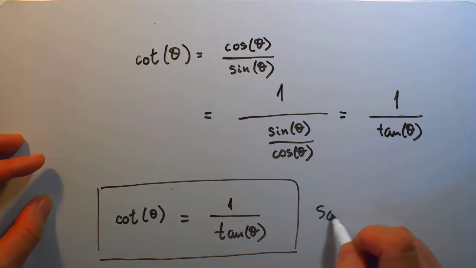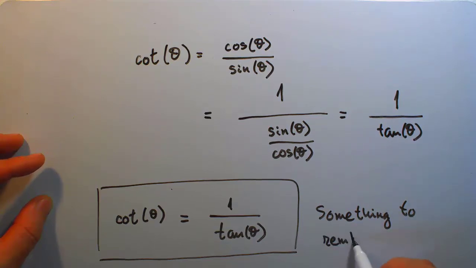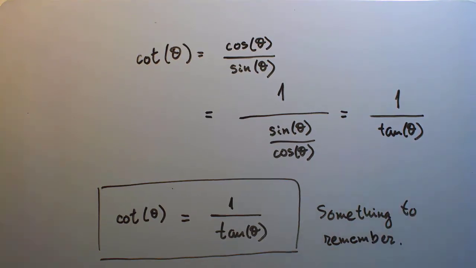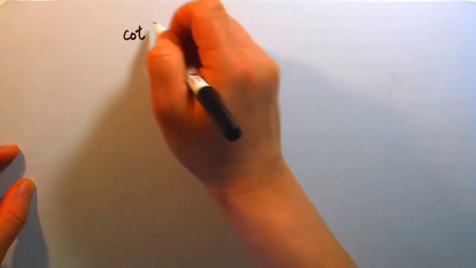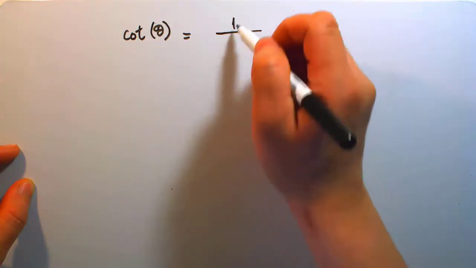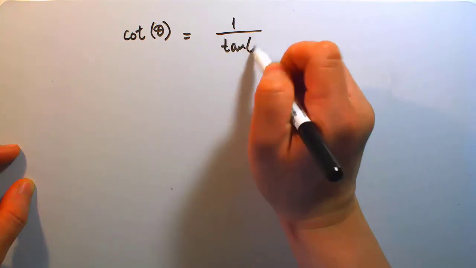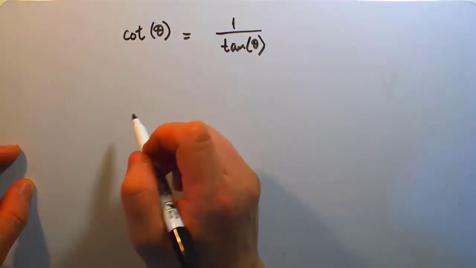I would say this is something to remember. The reason I pointed out that cotangent of theta can also be understood as 1 over tangent of theta is because, wait for me to finish writing down a couple other ones right here.